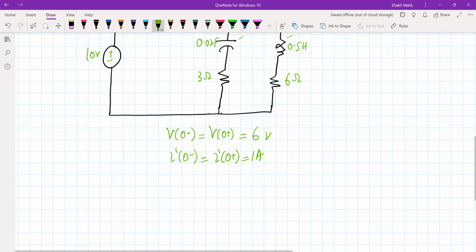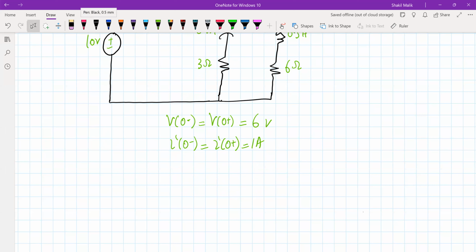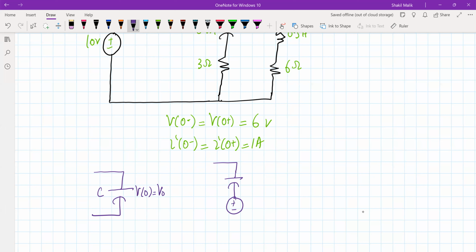We have seen the models of the inductor and capacitor in the previous classes. We know how to draw the model with the initial conditions. If we have a capacitor of capacitance C, and the initial value of the voltage is V0, then we can draw the equivalent circuit of this capacitor in the Laplace transform domain like this.